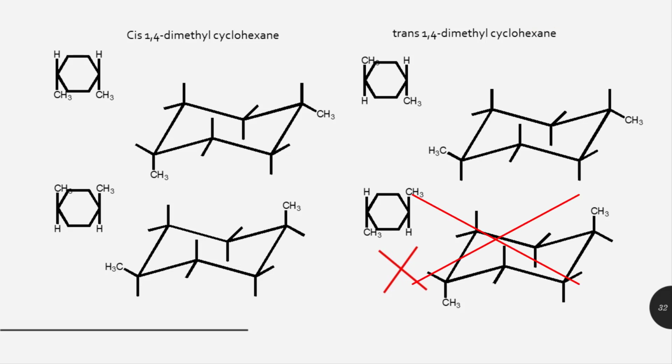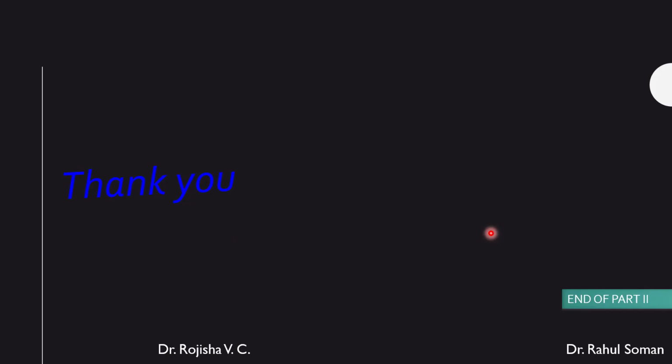This is the unstable case where we have 1,3-diaxial interaction, energetically unfavorable, so this structure won't exist. The existing structure will be the diequatorial one for the trans 1,4. Okay, that's all for this session. Thank you.